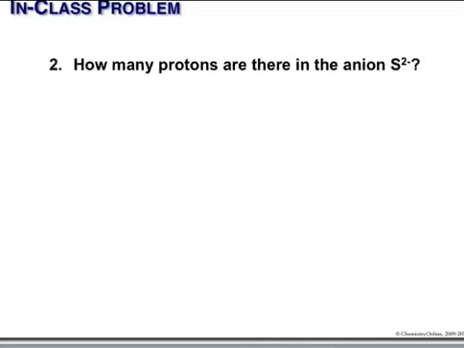Here we have an anion, sulfur 2 minus. How many protons are in there? Where is sulfur? Right here under oxygen. What's its atomic number? 16. Doesn't matter how many electrons you have, does it?